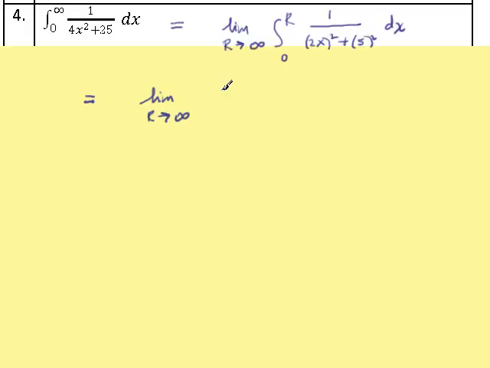All right, so this is equal to 1/2 times 1/5 arctan 2x over 5. And we're going to now substitute in our limits.